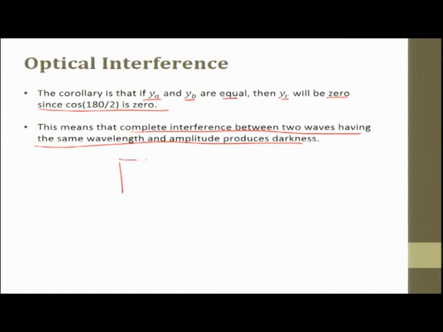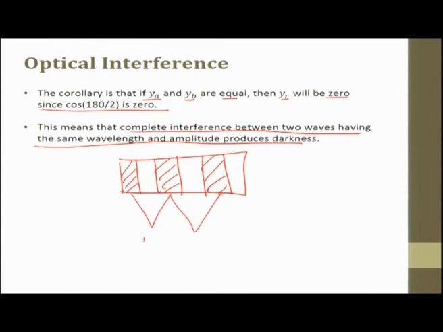So, when we talk about fringe patterns, we say a dark fringe, white fringe, then we see dark, bright, dark, bright. These are dark fringe patterns where they are out of phase.